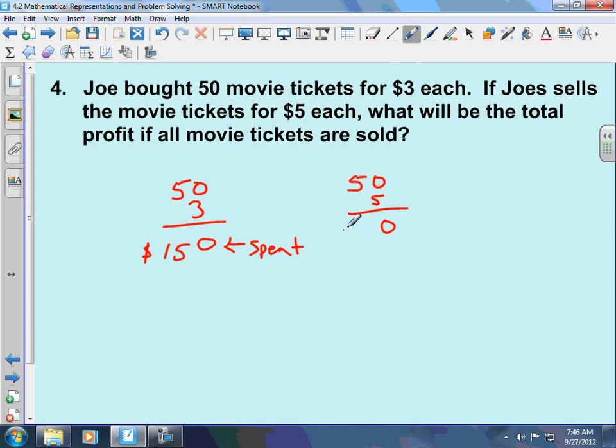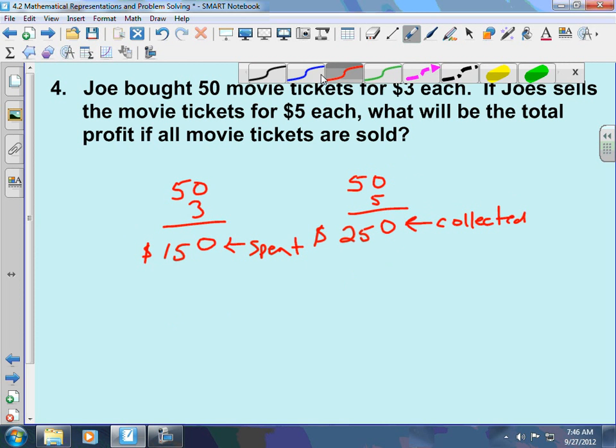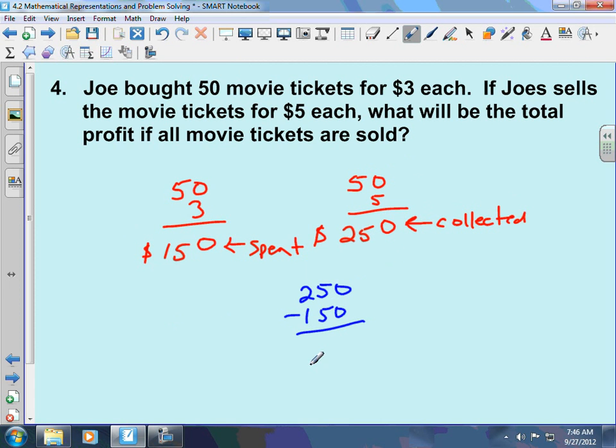So that means after he got done selling them, he collected $250. Well, you have to subtract out the $150 he spent to get the tickets. So what I have is $250 minus $150 equals $100. That is his profit.